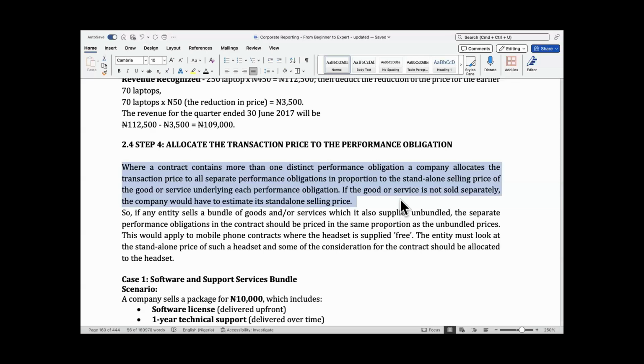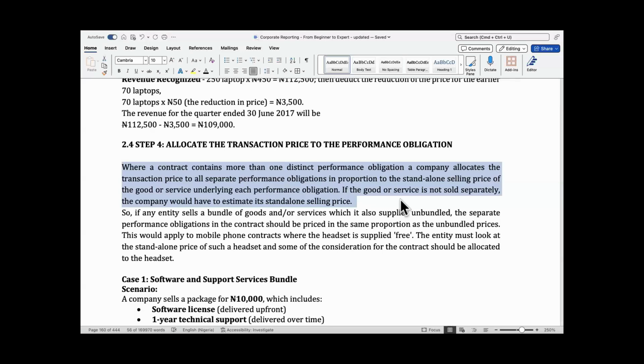So the challenge is that in most cases, all of these services will have been bundled and there will be a single price for everything. That is a major challenge. If there's a single price for everything, how do you then recognize revenue for each of these services?